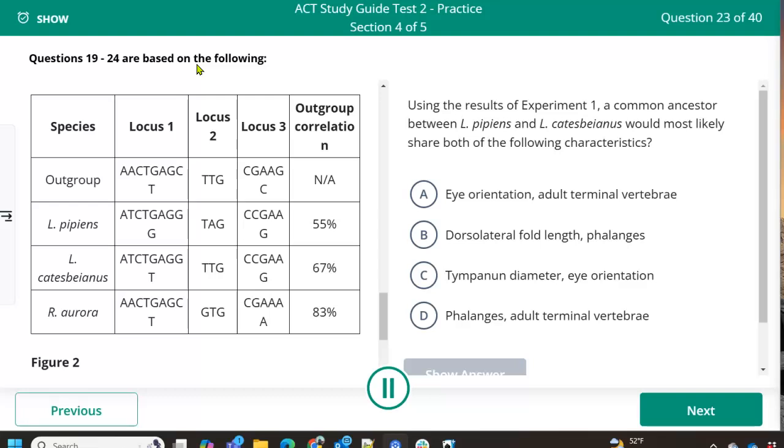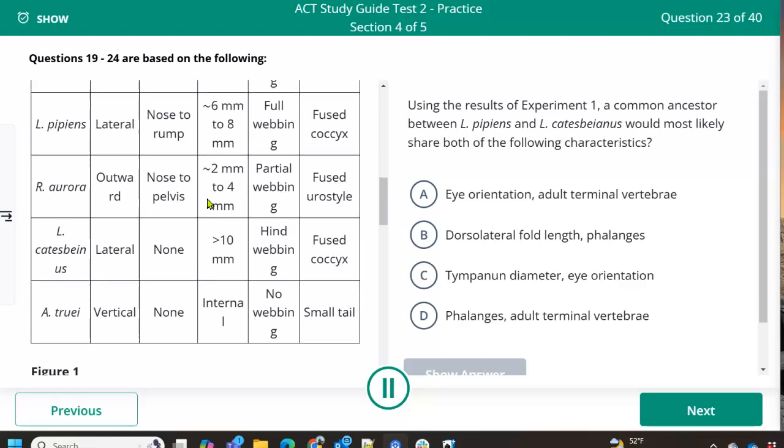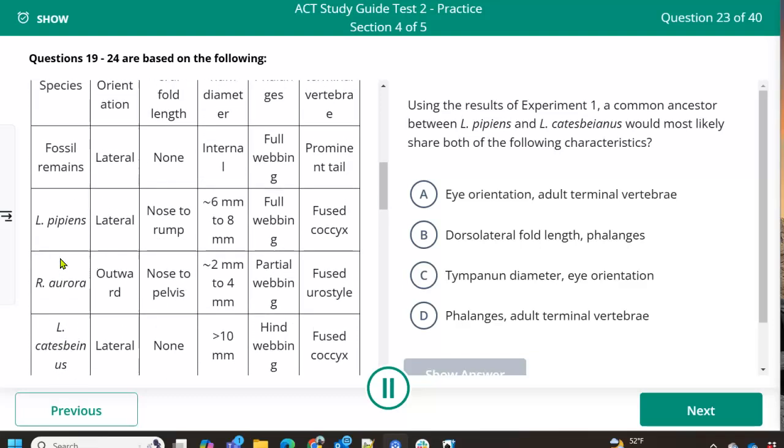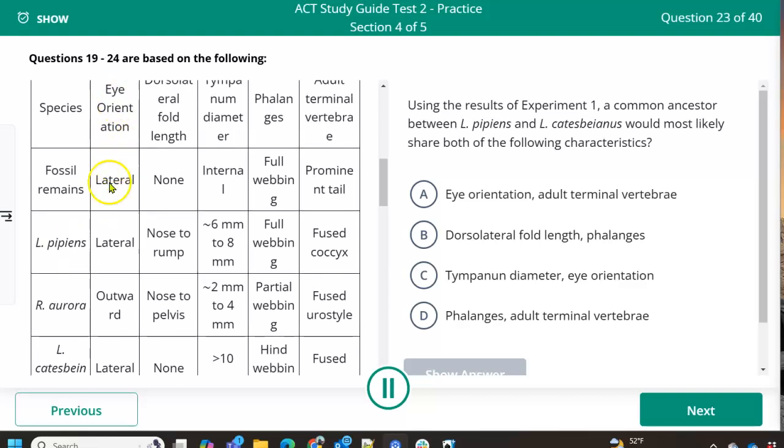All right, using the results of experiment 1, a common ancestor between L. pipiens and L. something would most likely share both of the following characteristics. Okay, so let's go back to experiment 1 and see what they have in common. That would be this one, pipiens, and this one, which I can't pronounce. Okay, so the first one, lateral eye orientation, yes.